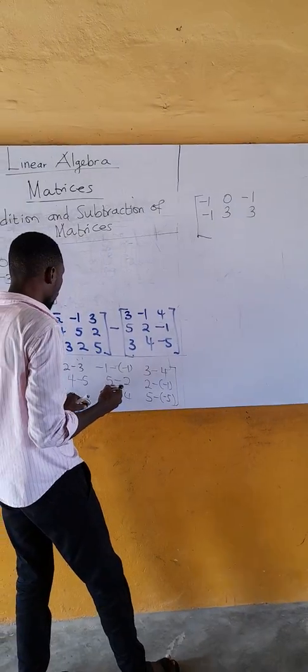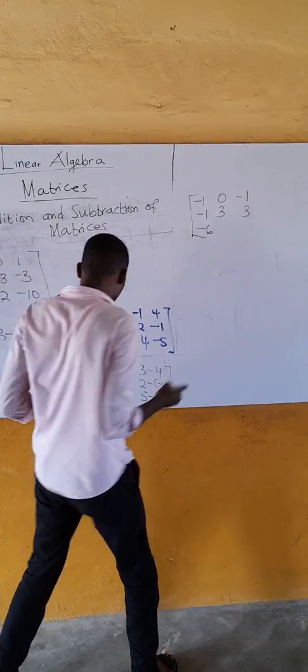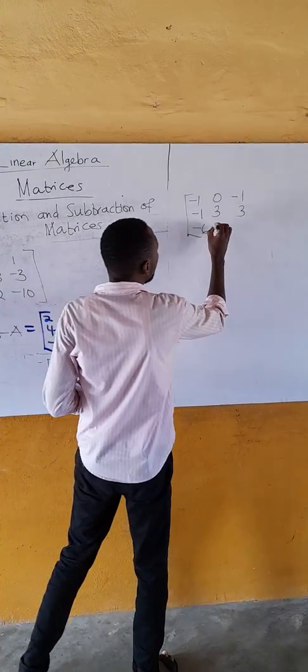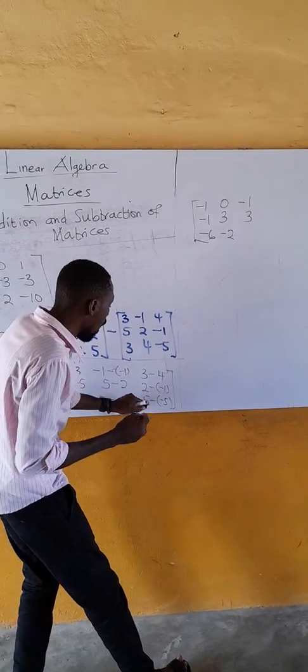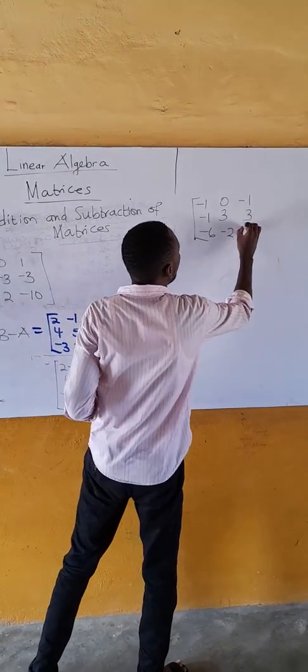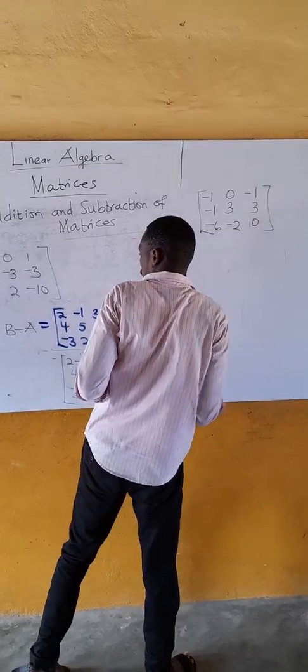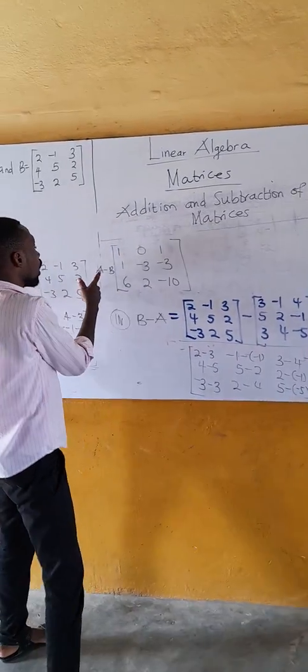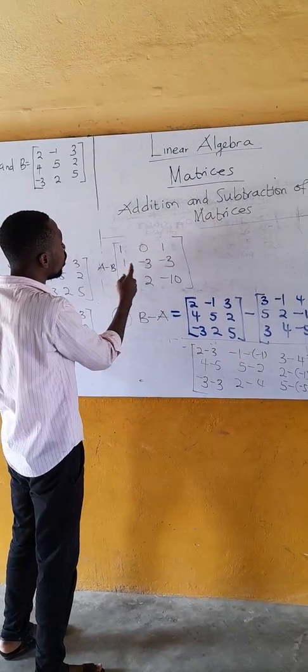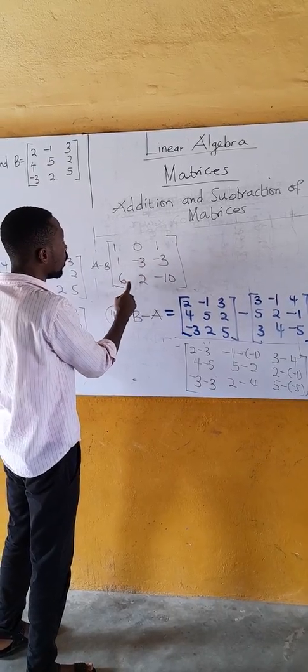Then negative 3 minus 3 will be negative 6. 2 minus 4 will be negative 2. Then 5 minus negative 5 will be 10. So look at A minus B: 1, 0, 1; 1, negative 3, negative 3; 6, 2, negative 10.